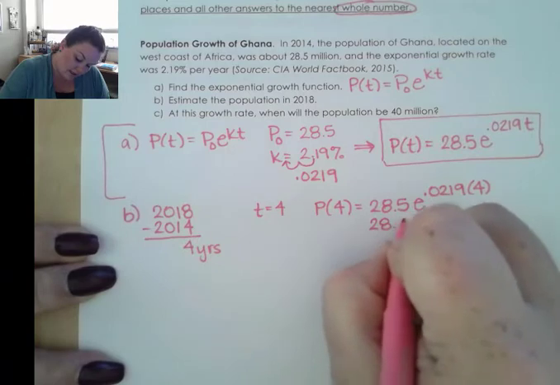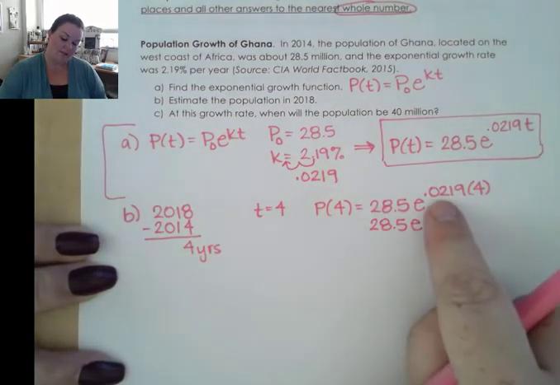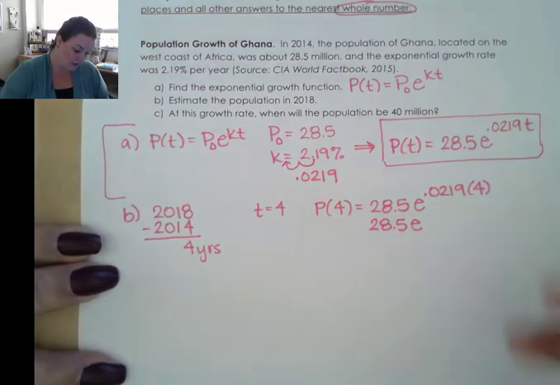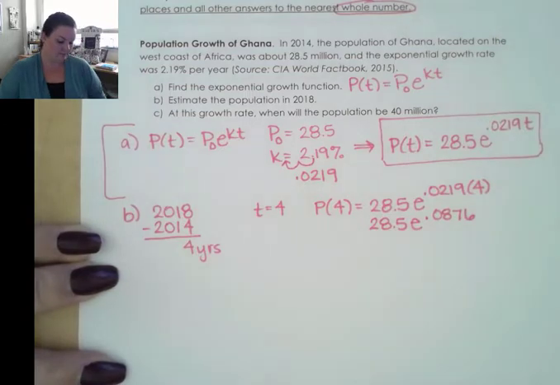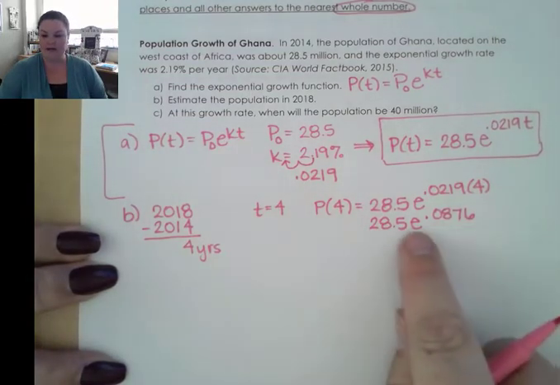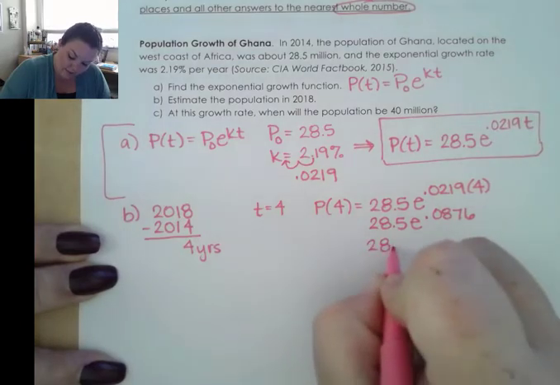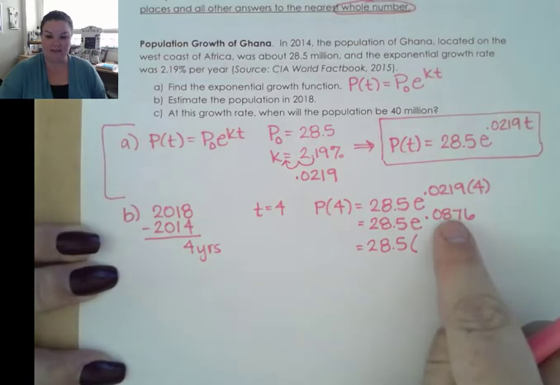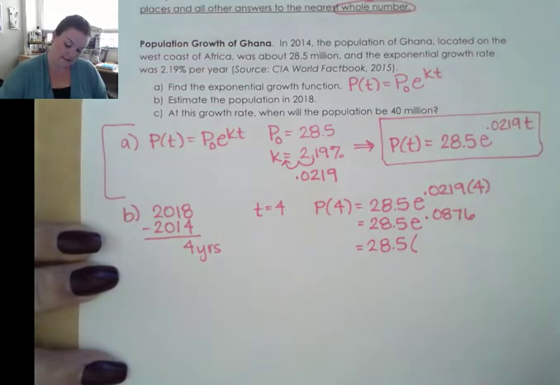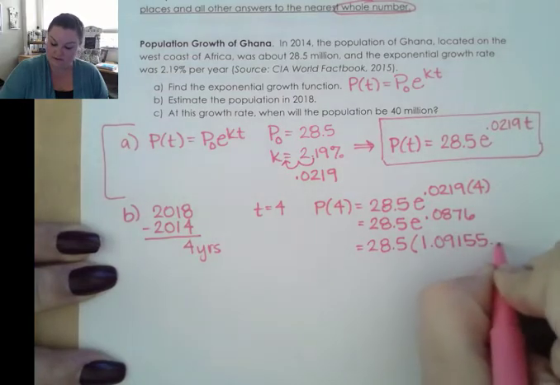So this gives us 28.5 times e to the, when I multiply 0.0219 and 4, I get 0.0876. And now I need to raise e to that power. So I still have my 28.5 times, when I do e raised to the 0.0876, I get 1.09155 and some more stuff.